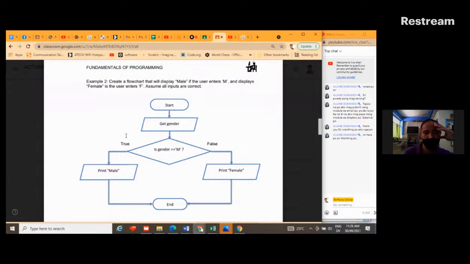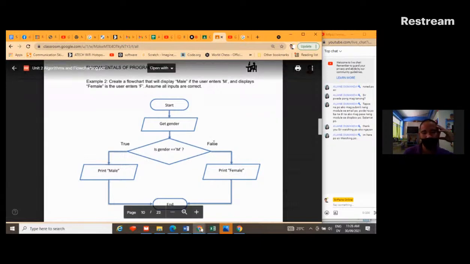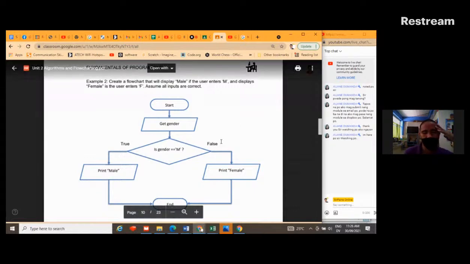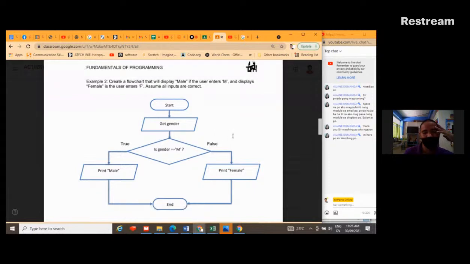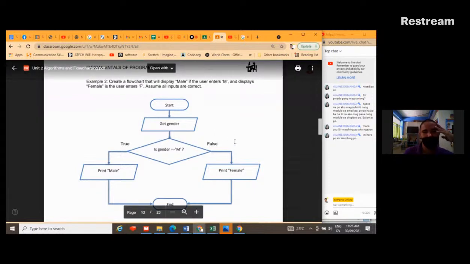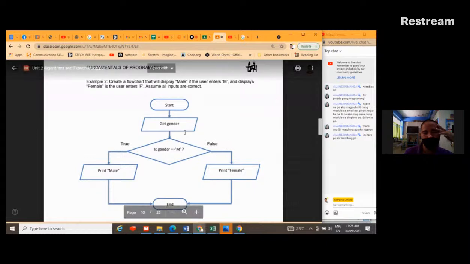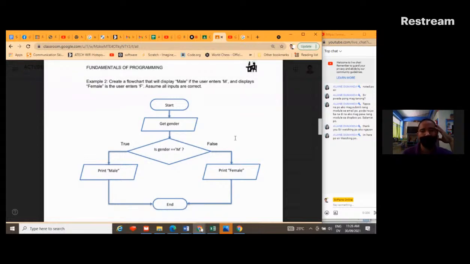In this example, it is written that this part is the true, and this is the false. But I advise you to really write the true part on the right side, not on the left side. Anyway, this is also correct because this is properly labeled.